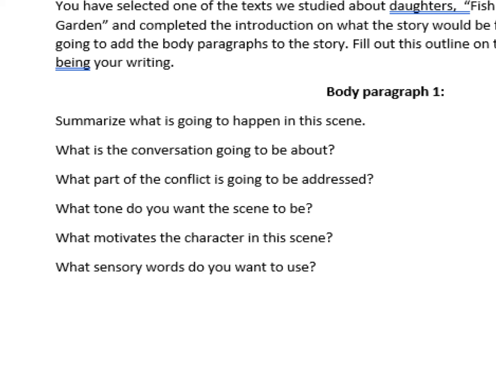So for summary, what's going to happen in this scene, you want to basically summarize it. So mom decides to stand up for her right to have a garden.